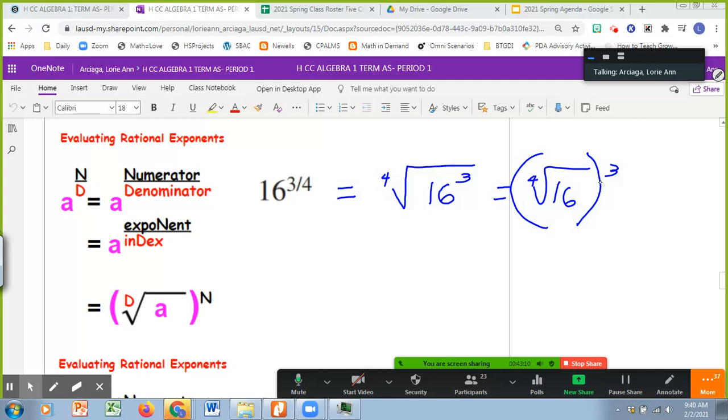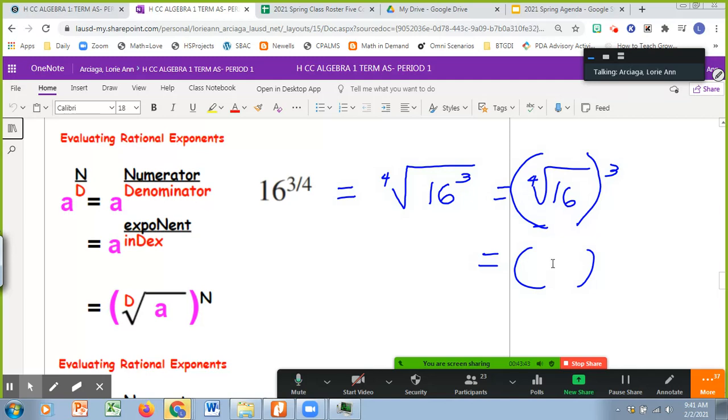So I personally prefer putting the exponent outside the parentheses. So in your calculator, you have to get the fourth root of 16 first. Can you tell me what the answer is? Or you can also do it in your head. By now, you kind of get the pattern. What number when you multiply it by itself 4 times gives you 16?